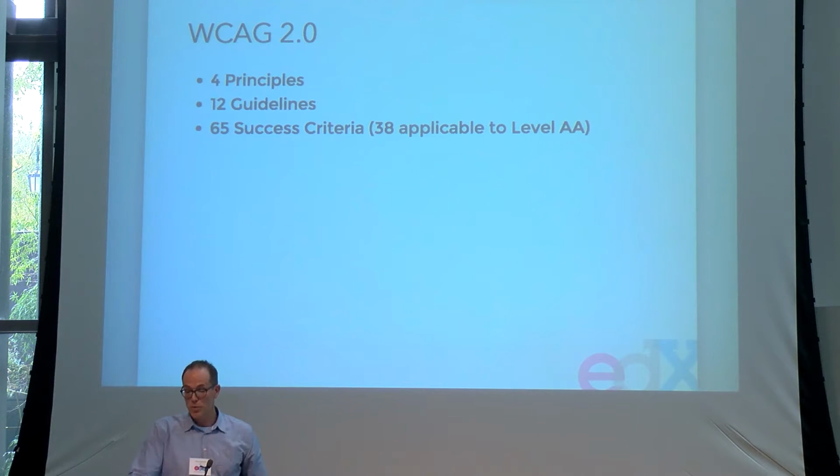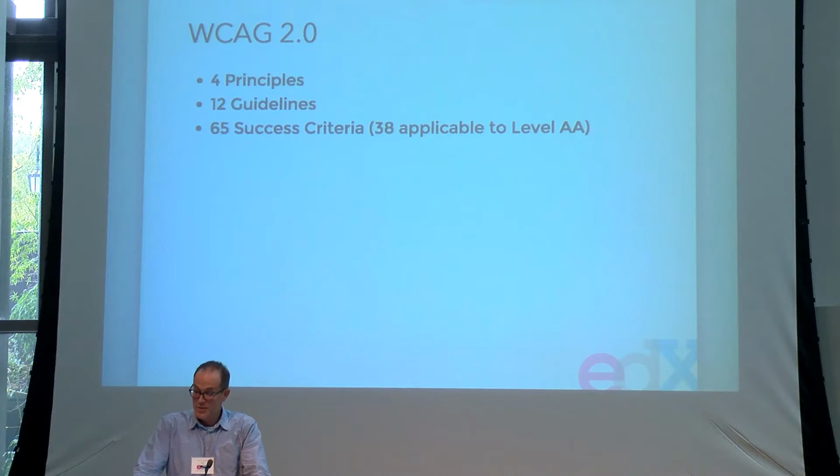Okay, WCAG 2.0, these core principles are divided up into 12 individual guidelines, and those guidelines are divided up into 65 testable success criteria. Of the 65, 38 of those apply to level A and AA, so that's what we're testing against. Engineers usually get pretty excited when they hear success criteria or testable statements.